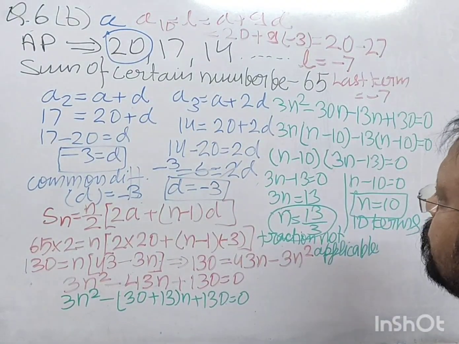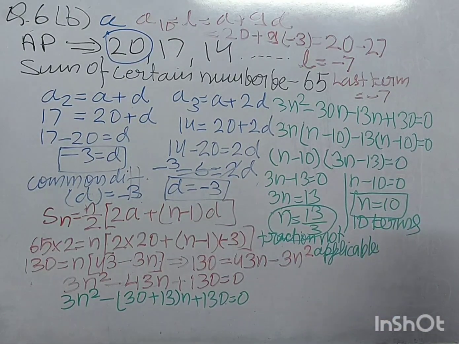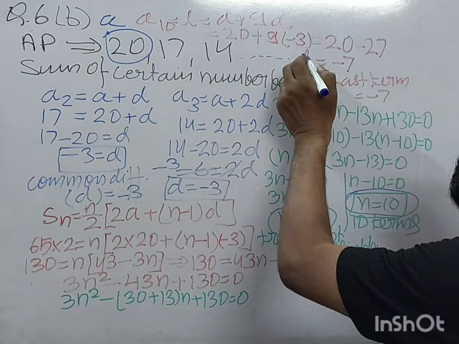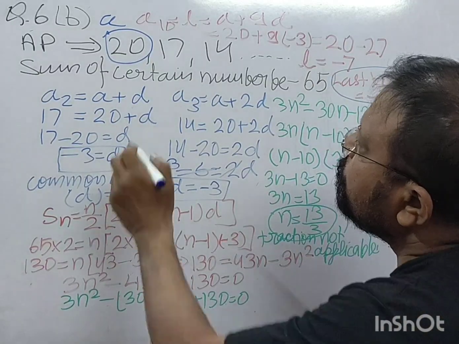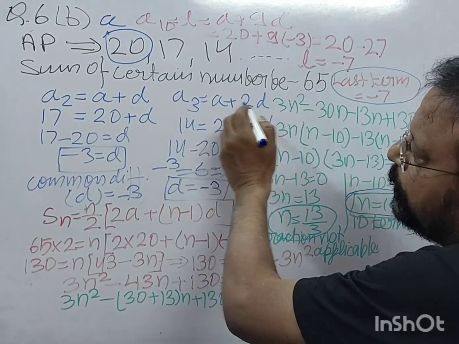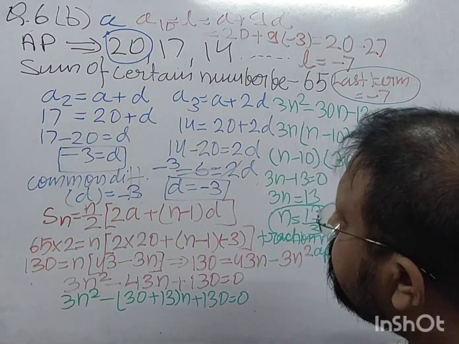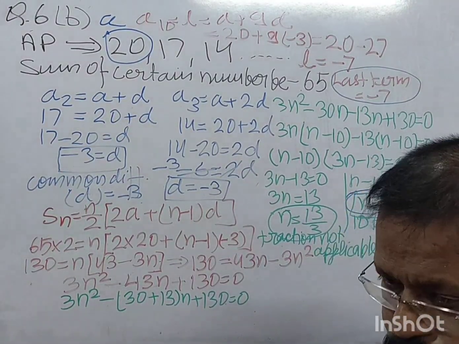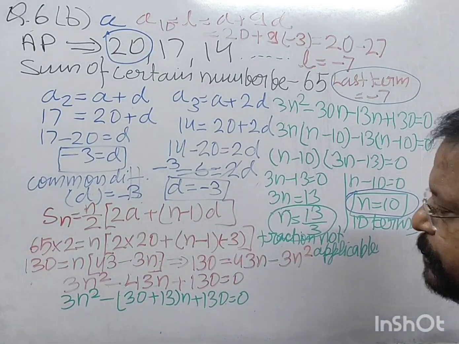Just to cross check whether our answer is correct. The first answer is 10 terms, and the last term is minus 7, right? The sum is given as 65, first term is 20, right? So to cross check whether it is correct or not, what do you do?